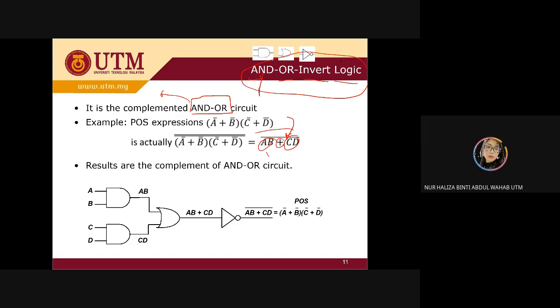N and O, and the bar will be your inverse. So your result of your circuit will be like this. N, O, inverse. So if you were given this kind of question, draw your AND OR inverse. So you need to draw AND OR NOT.